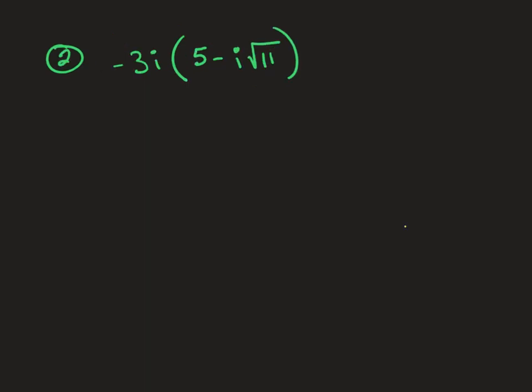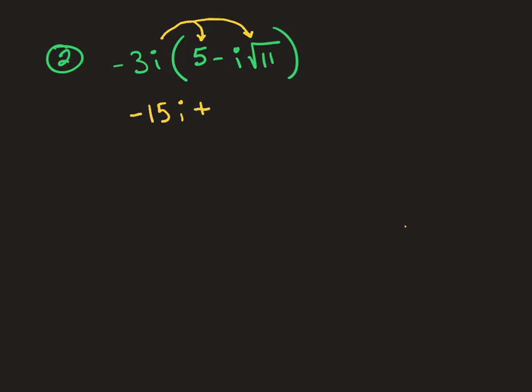Number 2, negative 3i times the quantity 5 minus i square root of 11. Distributing just like on number 1, negative 3i times 5. You're going to multiply those numbers, negative 15i. Then doing the second distribution, negative 3i times negative i square root of 11.